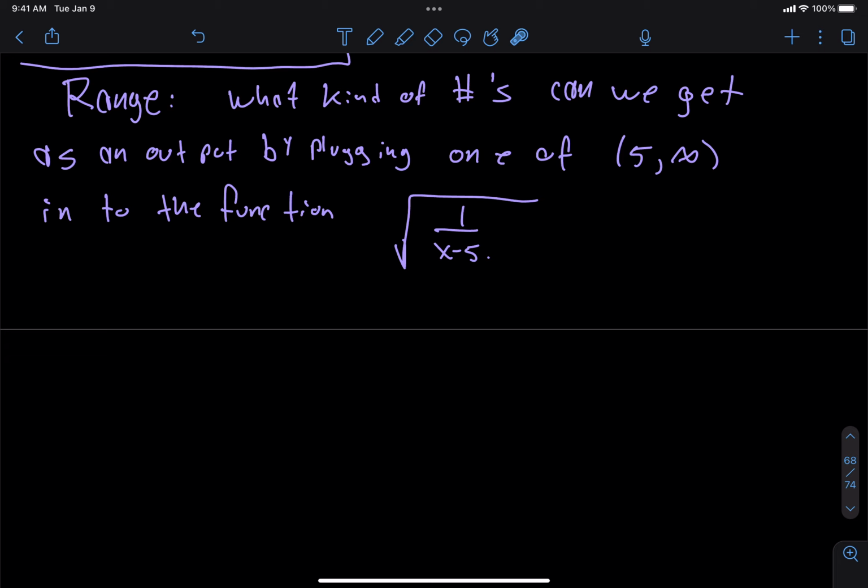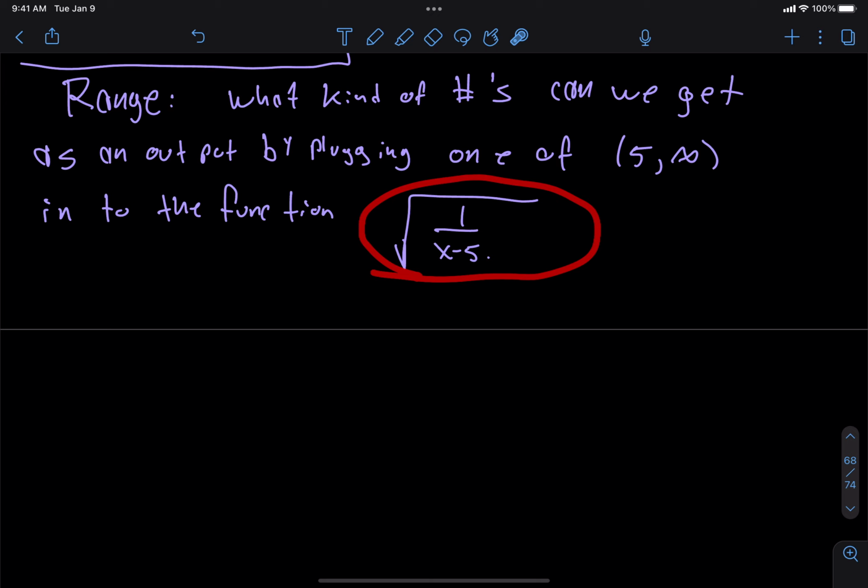Okay, so we want to think about what are the smallest outputs that we can achieve and what are the largest outputs that we can achieve, and are there any gaps? That's basically what we want to think about. When I look at this, I'm taking the square root of a number, right?